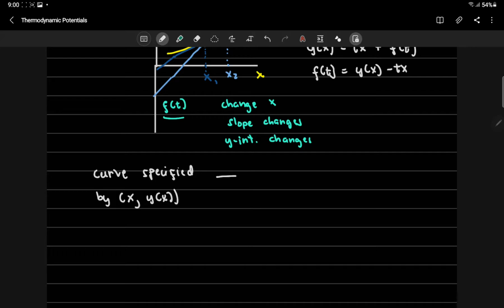What we are going to do is transform this function to a new representation, such that our coordinates this time become the slope and the y-intercept. Okay, t and f of t. And remember, t will change because x also changes. So this mathematical transformation is what we call the Legendre transform. Okay, Legendre transform.